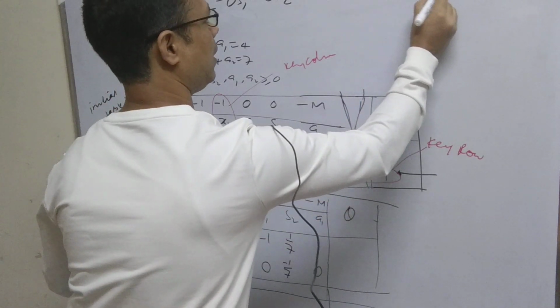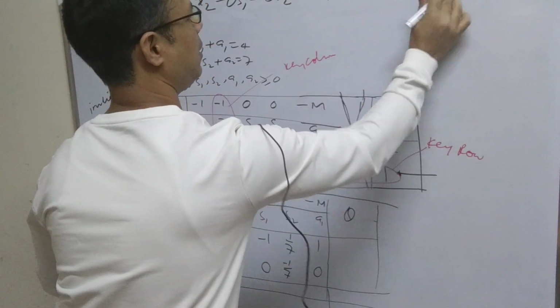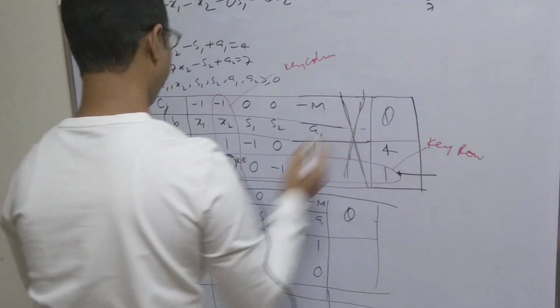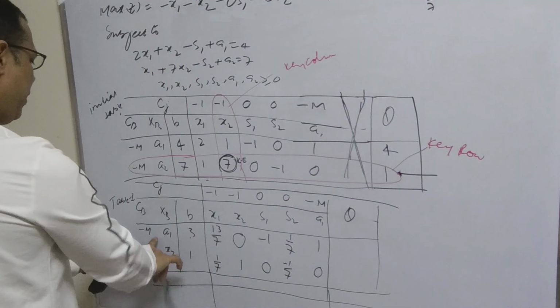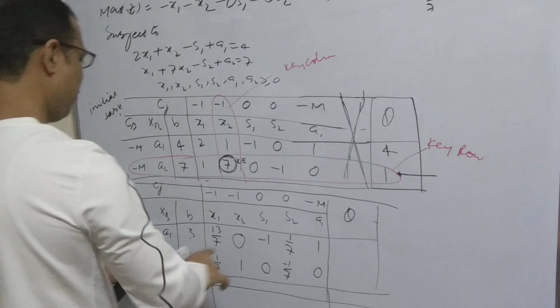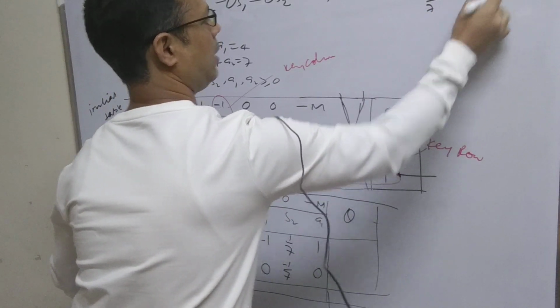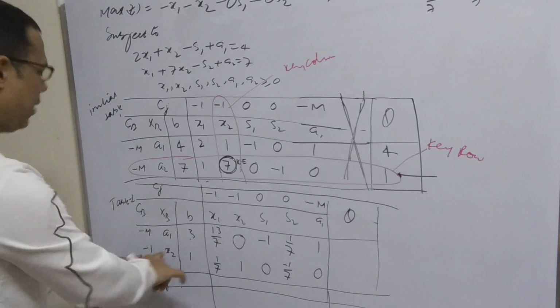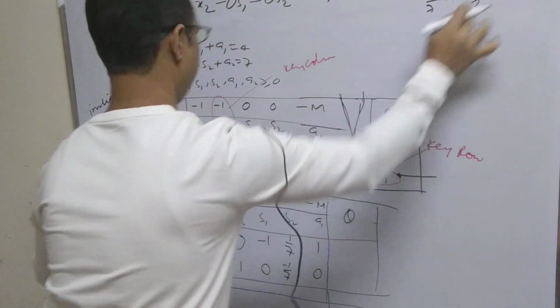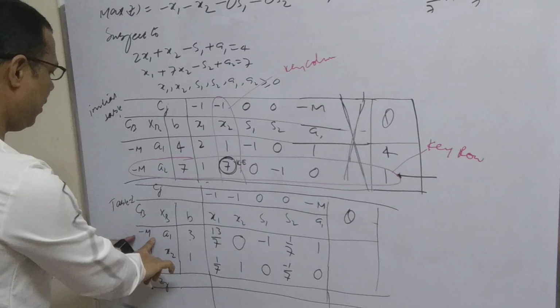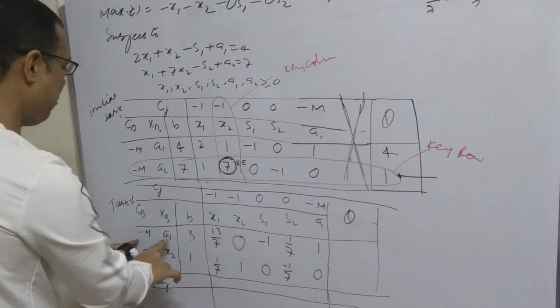So if you multiply minus m into 13 by 7, we get minus 13 by 7 m. Then plus minus 1 by 7. So minus 1 by 7 m, no, here there is no m, so here minus 1 by 7. If you multiply this one with this one, minus 13m by 7.